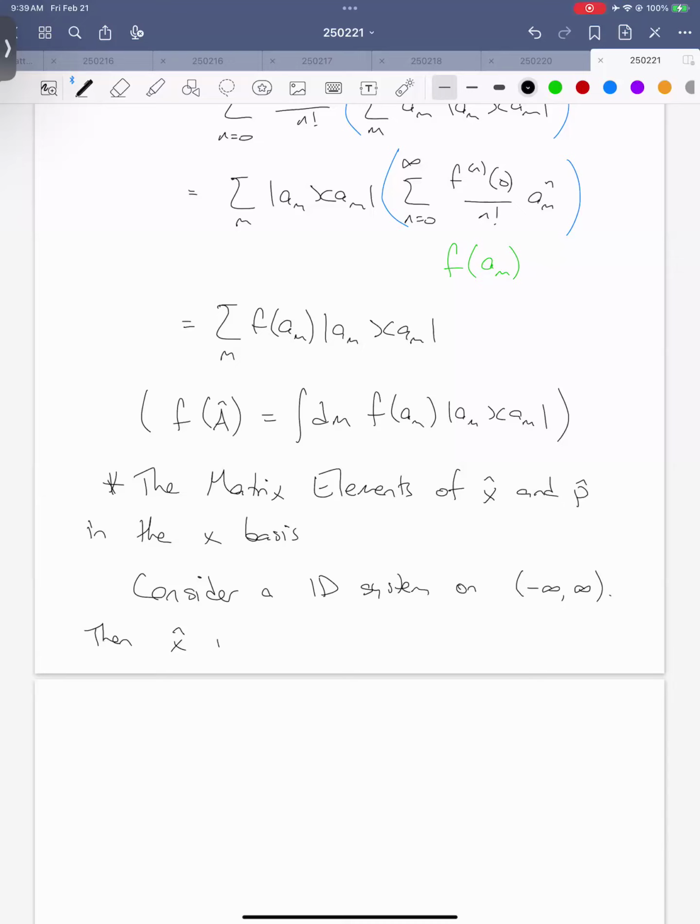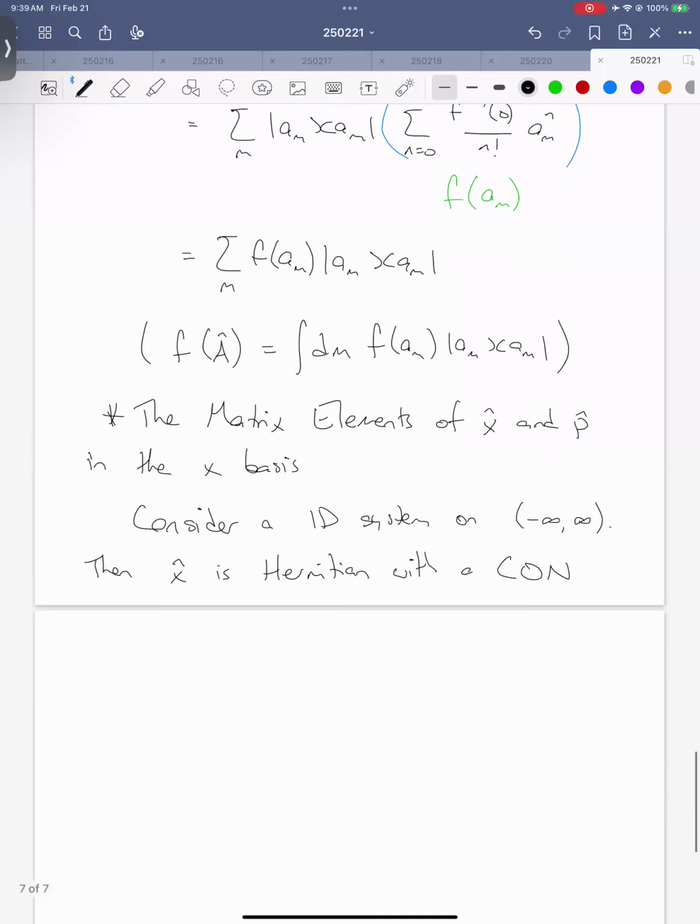Then our X operator is Hermitian with a complete orthonormal basis, CON, where the decomposition of unity is given by the integral from -infinity to infinity dx of the outer product of X with itself, and the inner product of X with Y, where both X and Y are eigenkets of the position operator, is the Dirac delta function.